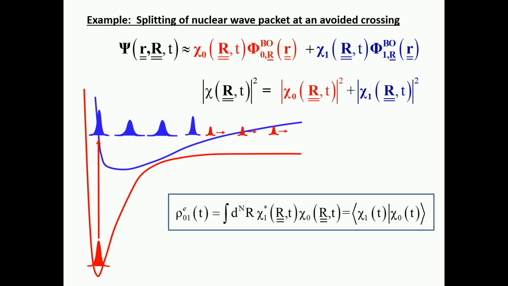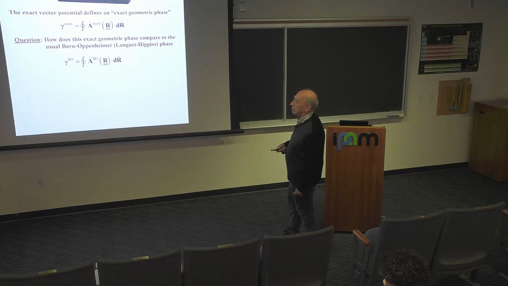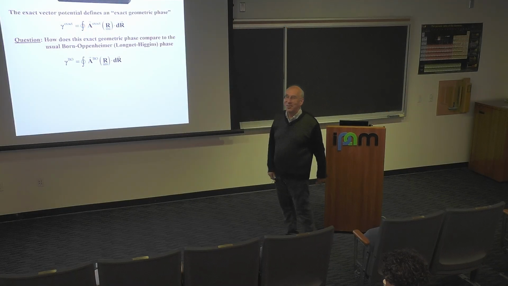And it turns out that with this non-unitary propagation, one can actually get a very good account of this number as a function of time, but using a non-unitary propagation of that object. So that's the message. We can do it, and okay, that's all I want to say.